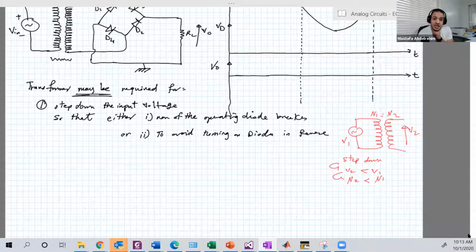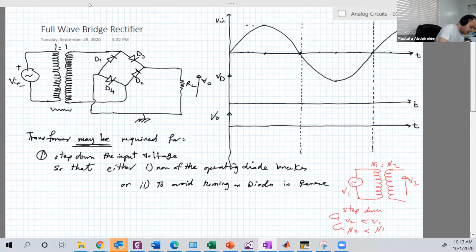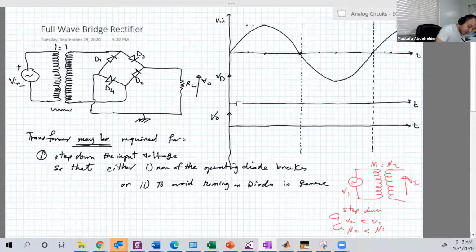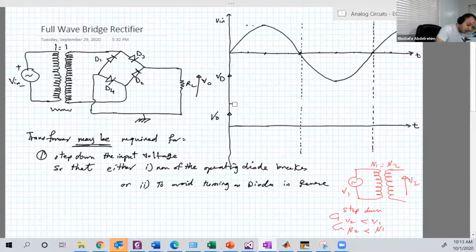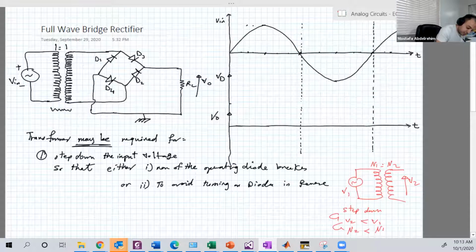Okay, so let's see how this circuit is basically working. Why should it be better than the half wave rectifier, which has only one diode? That is an advantage, basically.